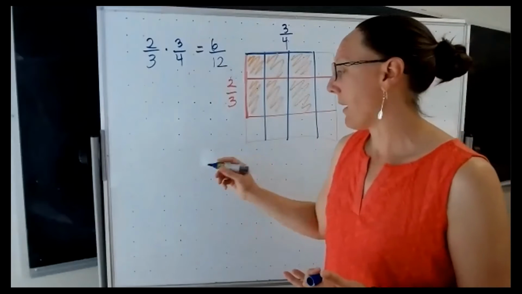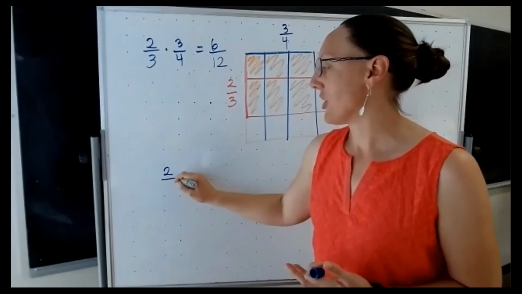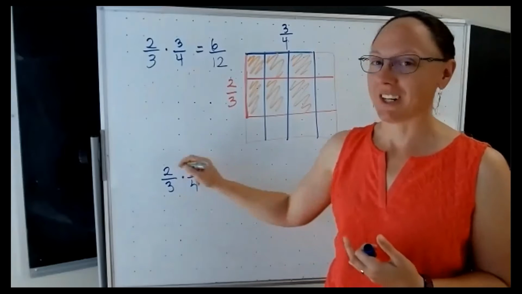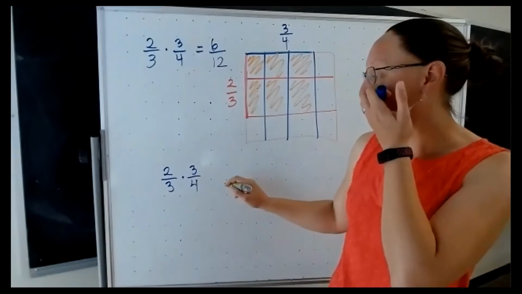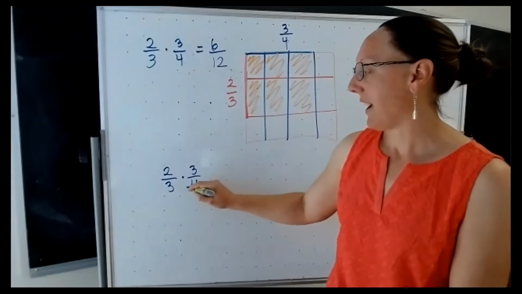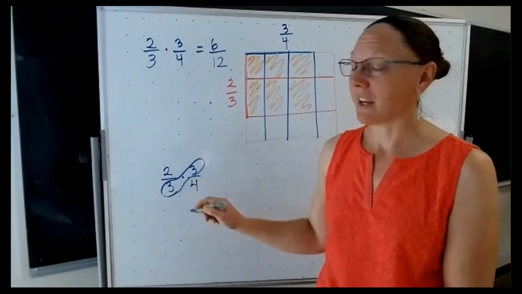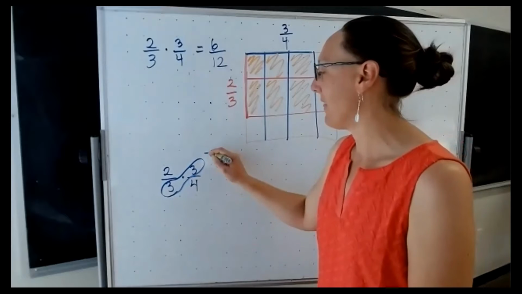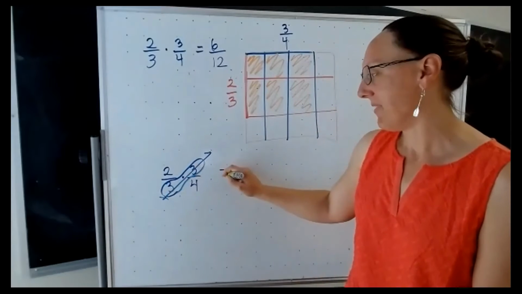Or I could think about rearranging the terms. Because they're all multiplication here, I could regroup things and group that 3/3 together and recognize that, hey, 3/3, that's an invisible 1.